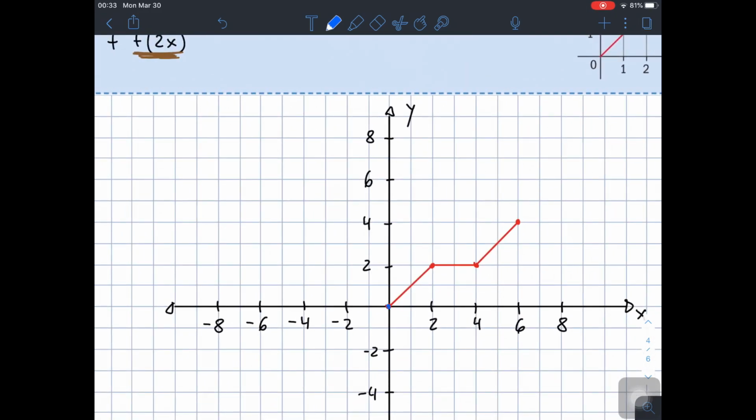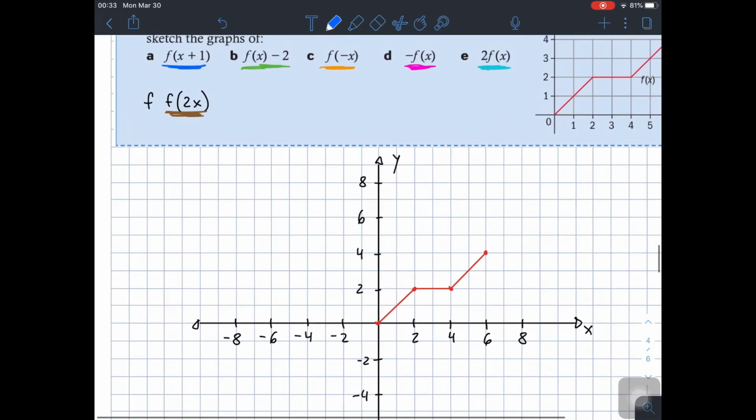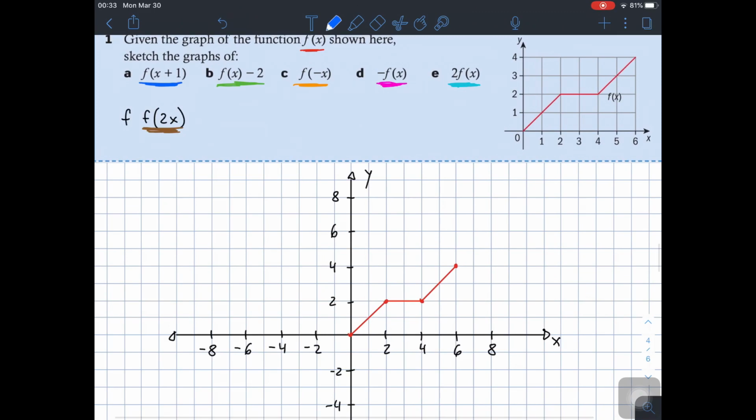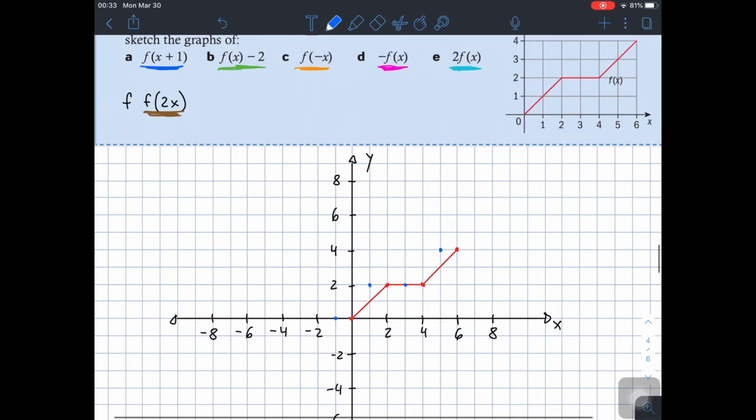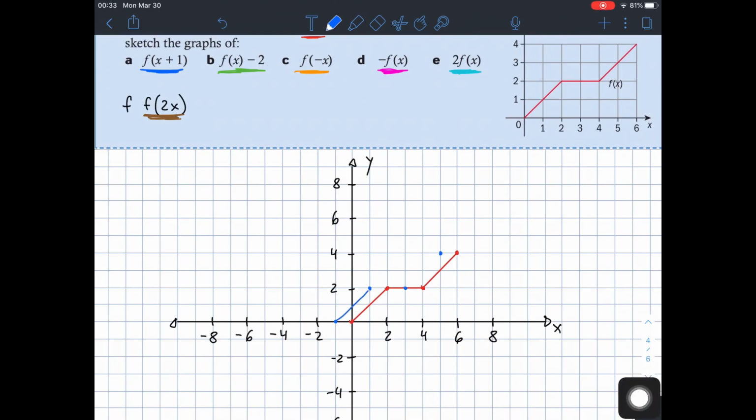So we identify all of the points of the function, this for example, and we move it 1 unit to the left, okay? Because it's f of x plus 1. So this point over here moves here. The second point moves here, 1 unit, okay? The third point moves here, and the fourth point moves here. All of the points move 1 unit to the left.